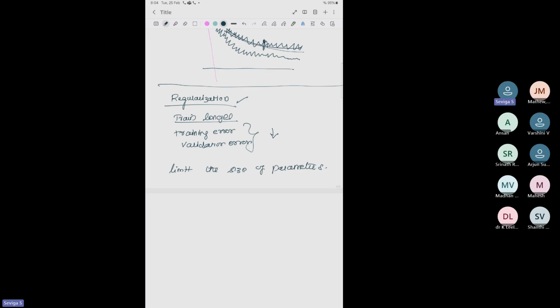The amount of regularization is given by lambda. If the lambda value is very high, it means more regularization.